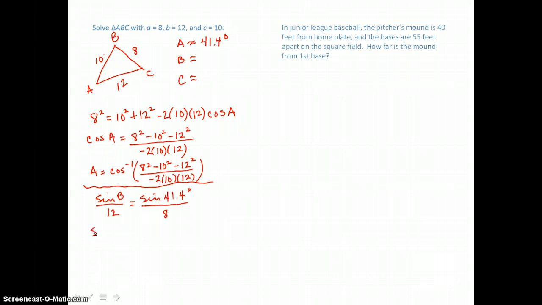So again, sine B is equal to 12 times the sine of 41.4 degrees divided by 8, and solving for B, we need that inverse sine function of 12 times the sine of 41.4 degrees divided by 8. So I'll enter that in my calculator to approximate angle B.